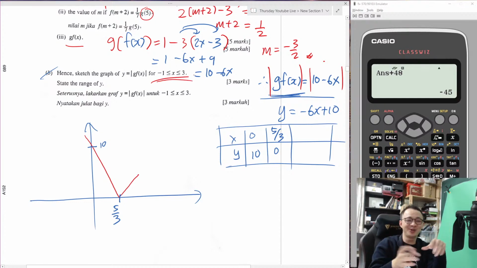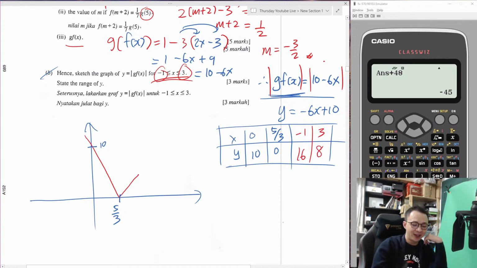They do not want you to draw the whole A4 paper just for this graph, isn't it? So over here, I will add two more values in my table, -1 and 3. I'll add -1 and 3 for my x to find my y. If I sub -1 into the equation, I should get 16. If I sub 3 into the equation, I should get 10 minus 18, which is -8, so modulus gives 8 here. So therefore, at least I know something.